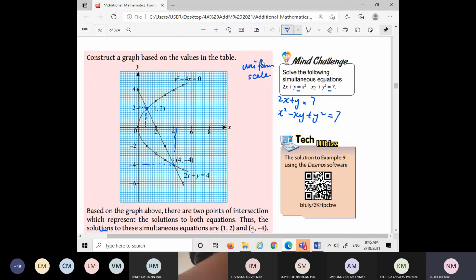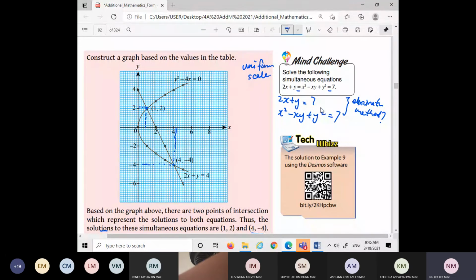My question for you right now: can this one use the elimination method to solve or not? I'm thinking, I don't think so. If anyone has the idea how to multiply with something so that one of the variables can be eliminated, let me know.